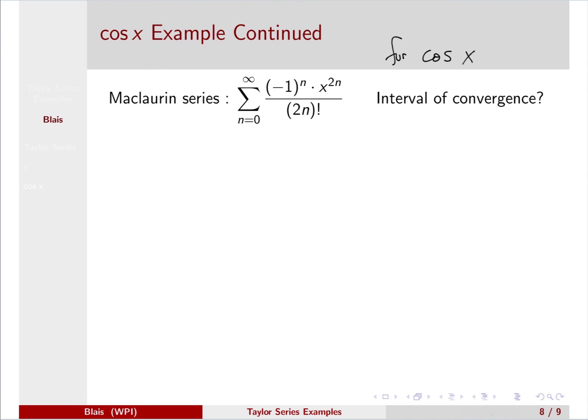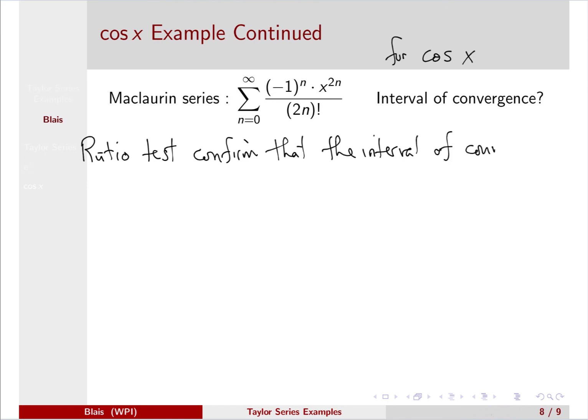Now you can also check its interval of convergence using the ratio test, and we'll leave that as an exercise, but the ratio test will confirm that the interval of convergence is the entire real line. Intuitively, the reason for that is this factorial term in the bottom.